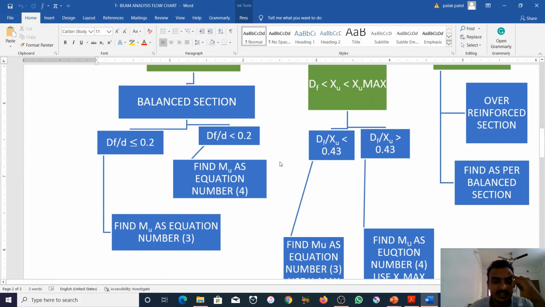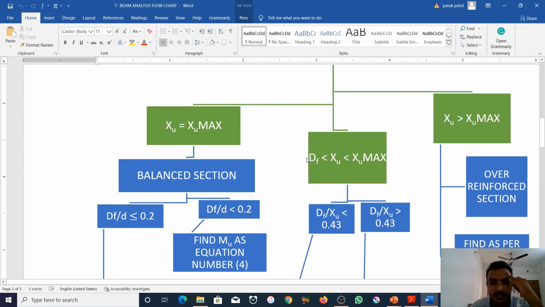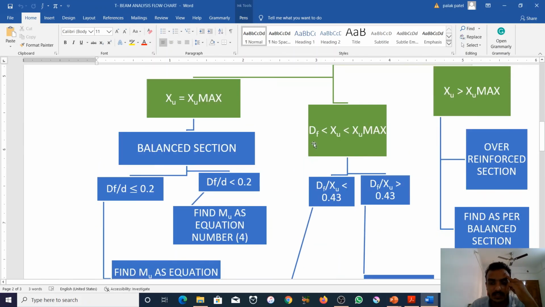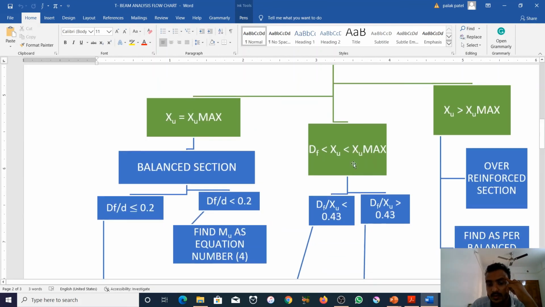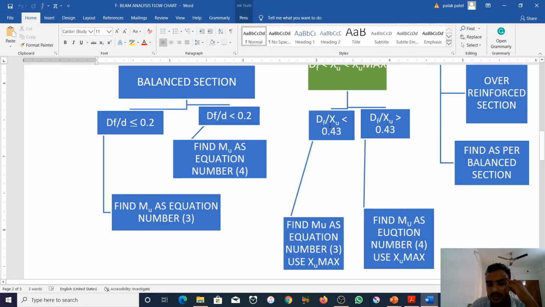Okay, so this one condition is fulfilled. Then, Df is less than Xu and Xu is less than Xu max. At this type of condition, capital Df by Xu is less than 0.43.